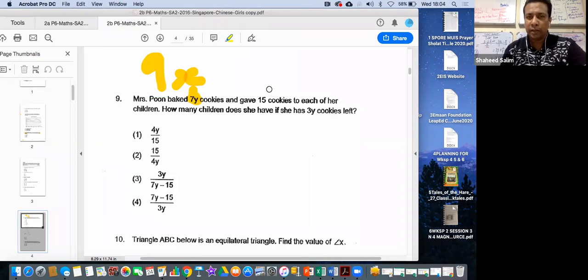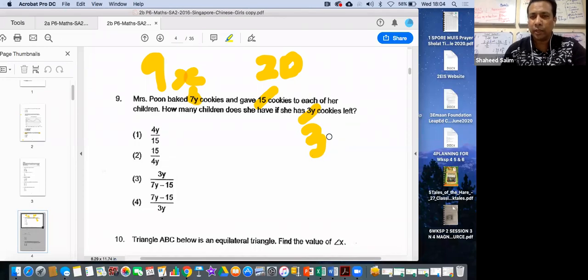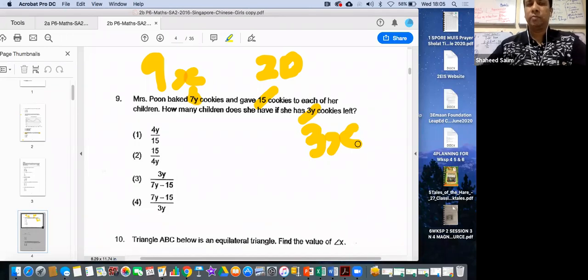And down here, I'll change to 20 cookies. And this one is 3x. Find the number of children Mrs. Poon has.